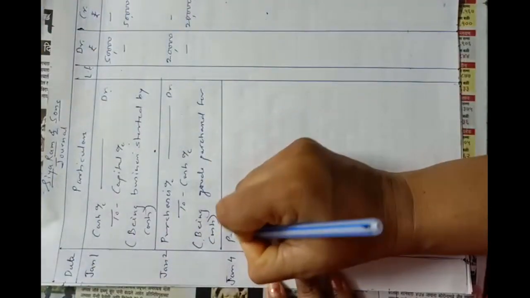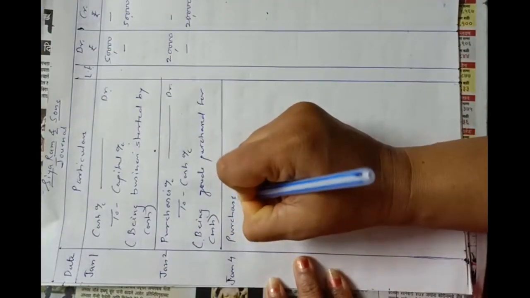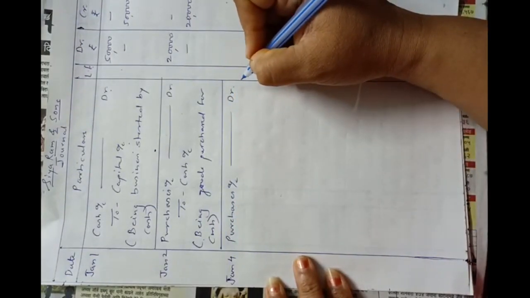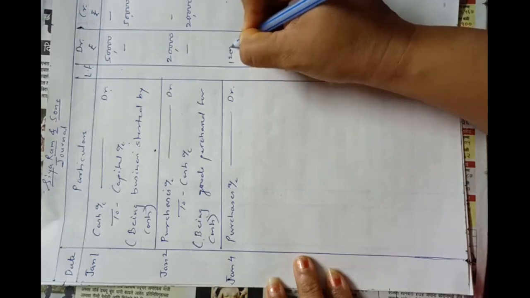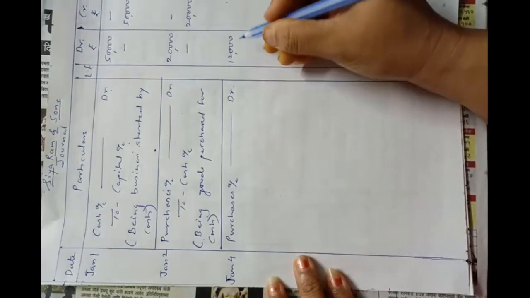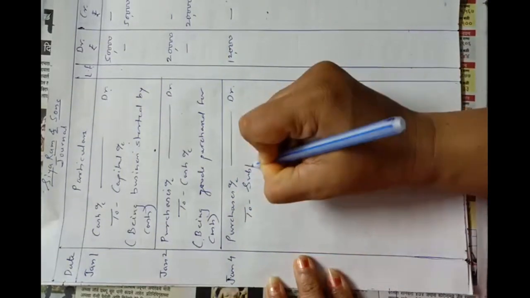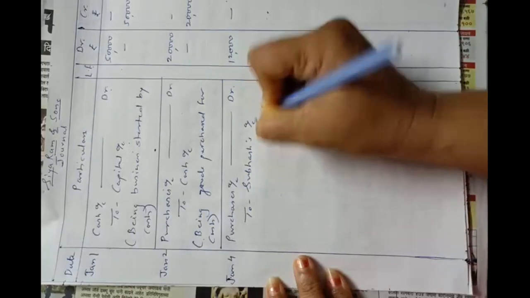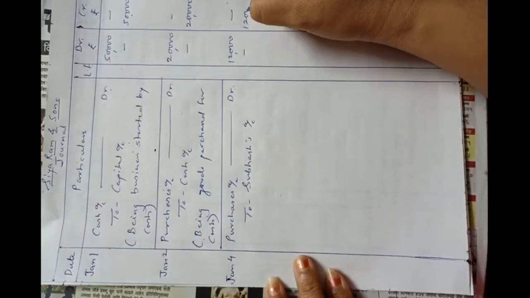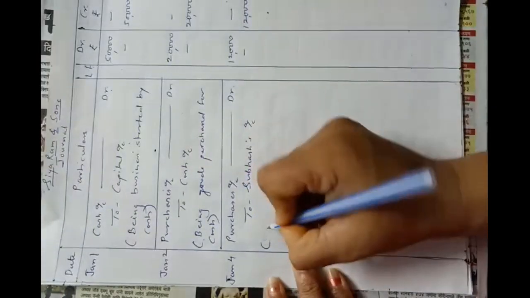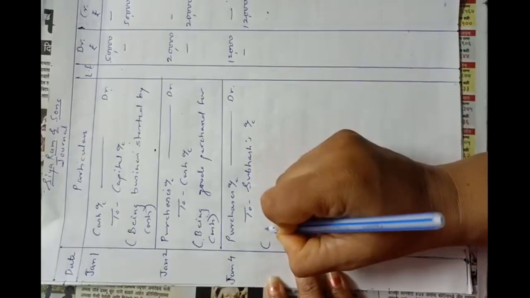So we have to write in this way, purchases account debit, amount of the entry is rupees 12,000. So purchases account is debited by rupees 12,000 to Subhash account, it is credited by rupees 12,000, and narration will be goods purchased on credit, being goods purchased on credit.